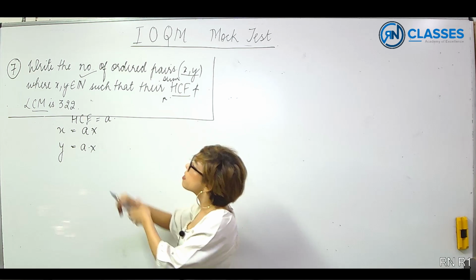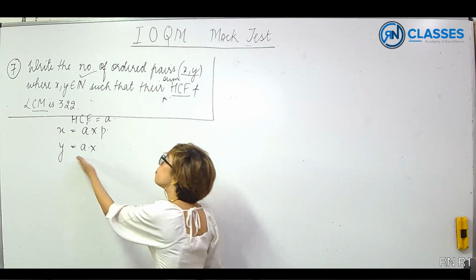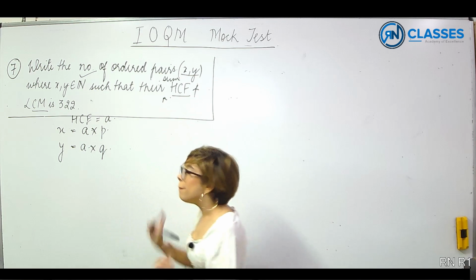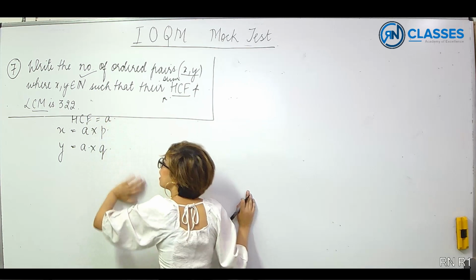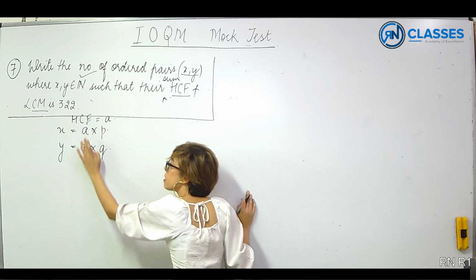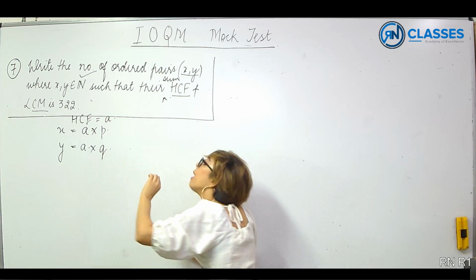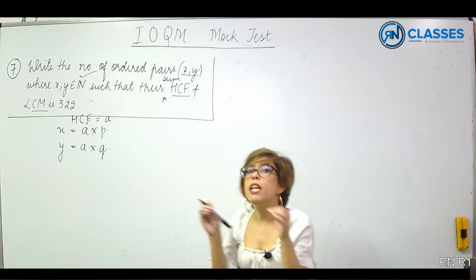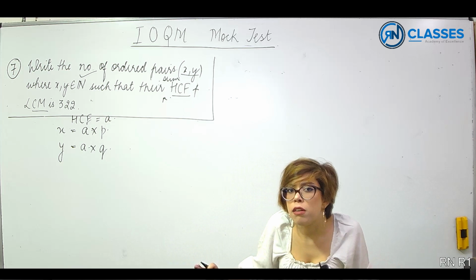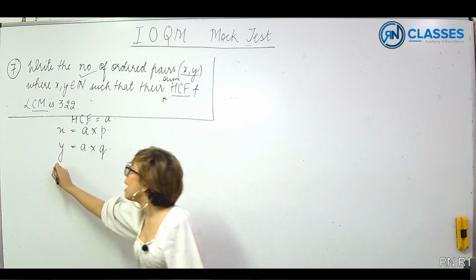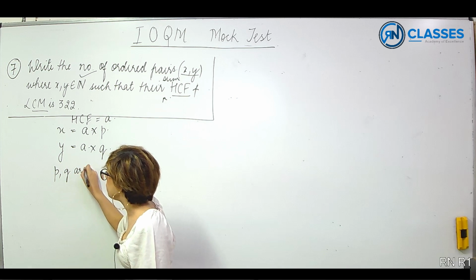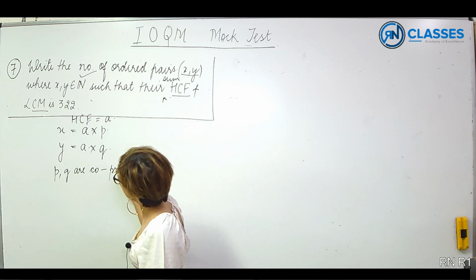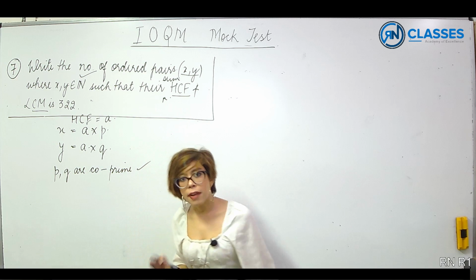Now, that something else, maybe that is P. And this something else, that is Q. Mind it, since HCF is A, that means highest common factor, that is A. P and Q should not have any other common prime factor. Now, if P and Q have no common prime factor, that means these two, P and Q, are co-prime to each other. Right?